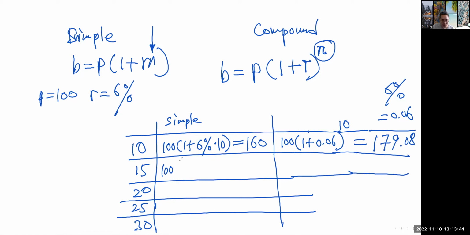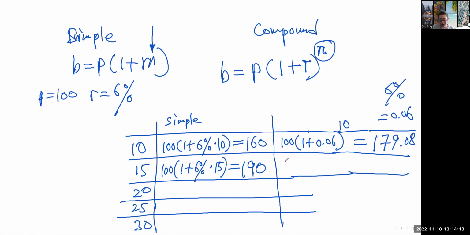Now, how about after 15 years? For simple, it'll be 100 times (1 plus 6% times 15). 0.06 times 15 plus 1 is 1.9, times 100, that's 190.